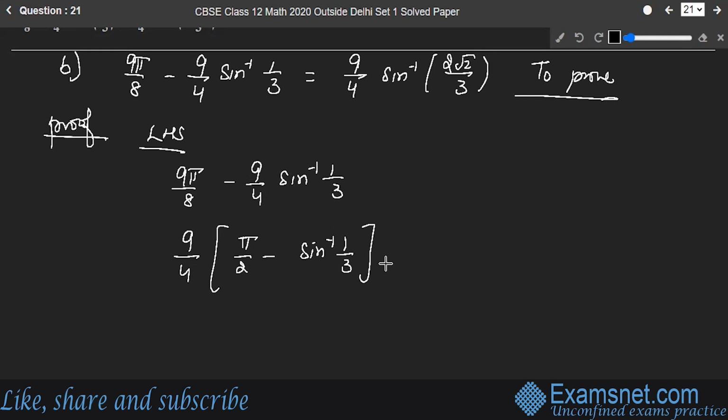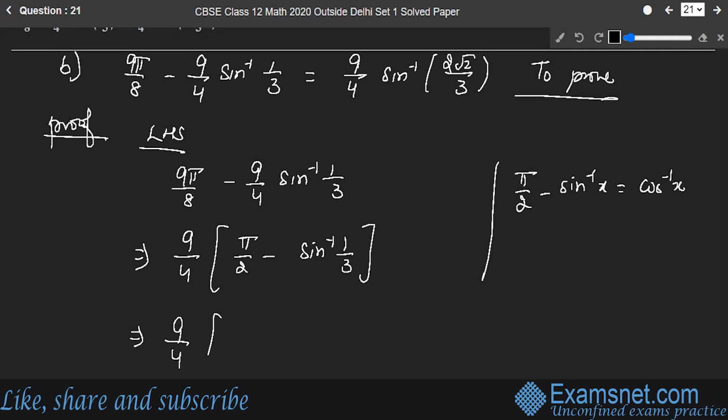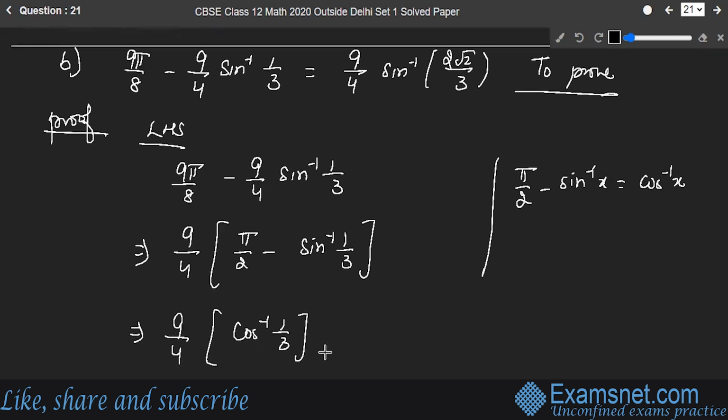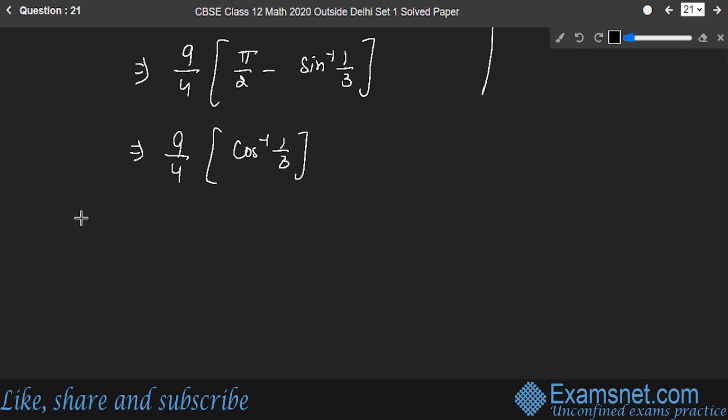All right, now there's a formula: π/2 − sin⁻¹x is equal to cos⁻¹x. So this is (9/4) cos⁻¹(1/3). Correct. Now let's say cos⁻¹(1/3) = x, which makes cos x = 1/3.